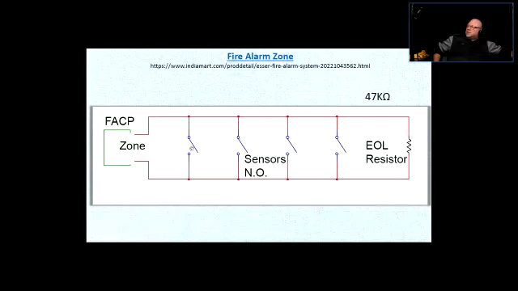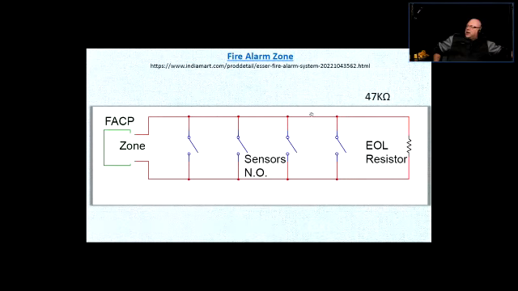So if a device does not sense a condition, it has an open circuit, and the system doesn't even see it. So the purpose of the end-of-line resistor is just to make sure that the whole cable, the whole loop, is intact.